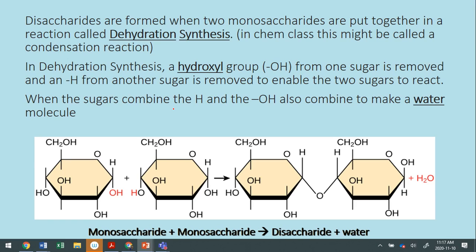We're putting small things together into a larger thing. That's called anabolic, right? So when a plant, we don't do this, but when a plant makes a disaccharide, it is doing an anabolic reaction, and it's a specific anabolic reaction called dehydration synthesis.